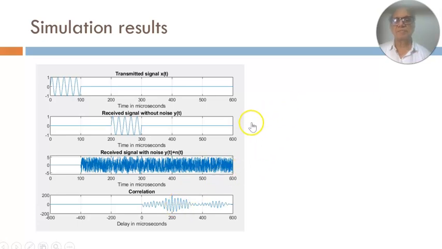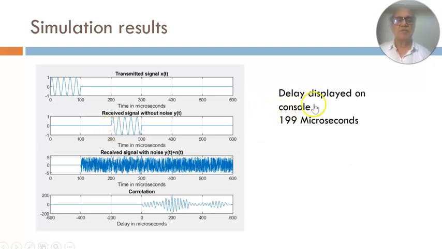So basically, we have to write a program to generate all these signals and show that correlation is maximum at a delay which is equal to the delay suffered by the received signal. Okay. So the delay is displayed on the console, which in this case, when I ran the program, turned out to be 199 microseconds.